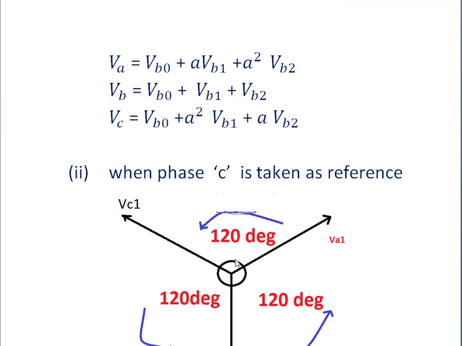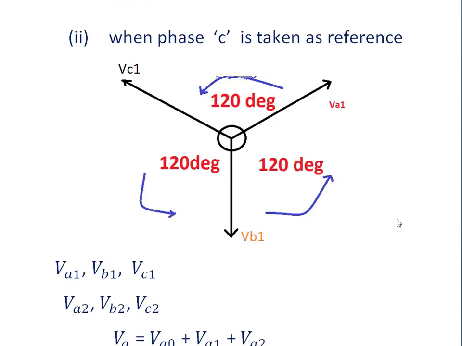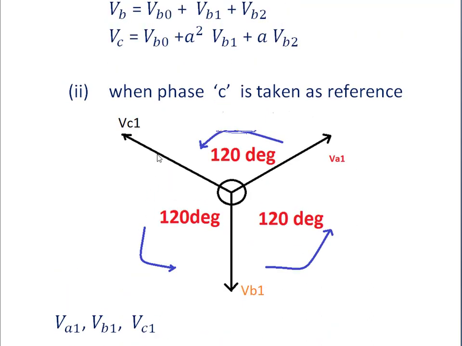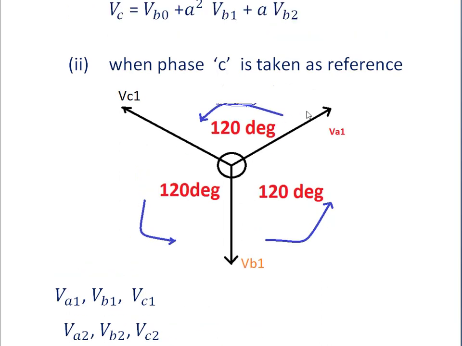Similarly, if you want to express these relations by taking phase C as a reference, that also we can represent. Suppose we have the phase C. See, this is the phase C component. When you take this as a reference, we express VA1, VB1, VA2, VB2 in terms of vector C. So suppose you take the positive phase sequence components.